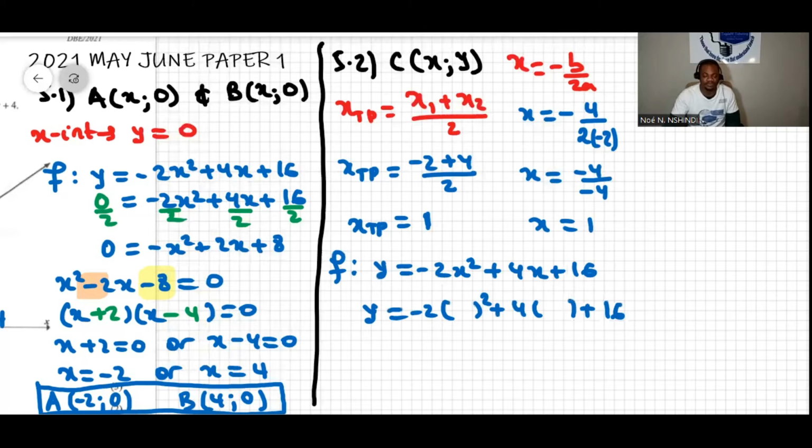And then instead of x, we sub in the value of x, just 1. And then this will be equal to negative 2 plus 4 plus 16. And then this is equal to 18. Then we get the value of C. So C is, therefore, the point 1, 18.